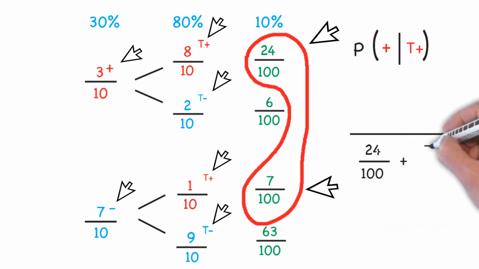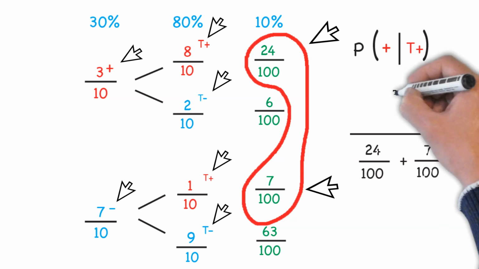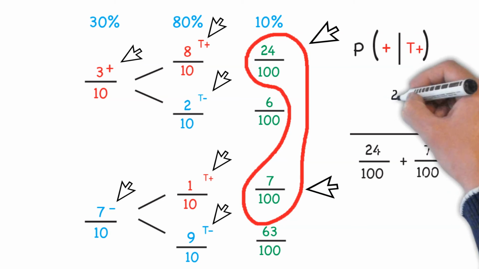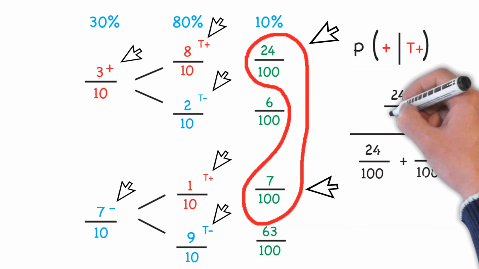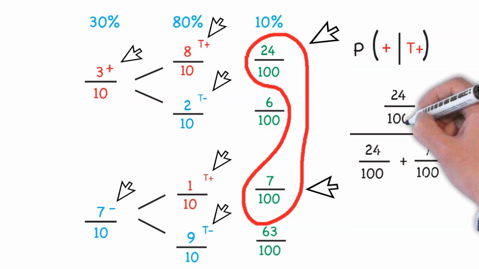But the one that we're really interested in then is the probability of testing positive when you are positive. And in that case, it's 24 over 100. So the thing of interest to us is the 24 over 100. The total possibilities of testing positive are the 24 over 100 and the 7 over 100.